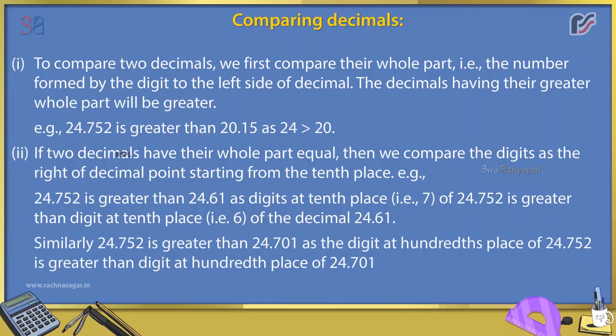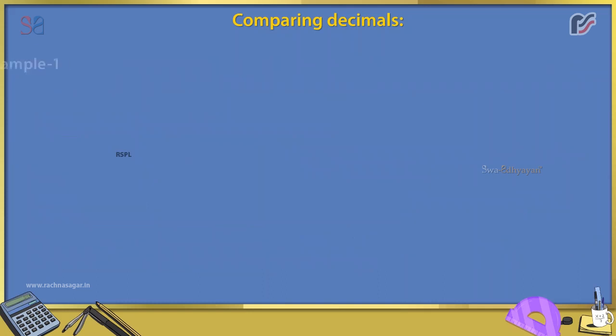Similarly, 24.752 is greater than 24.701, as the digit at the hundredths place of 24.752 is greater than digit at hundredth place of 24.701.